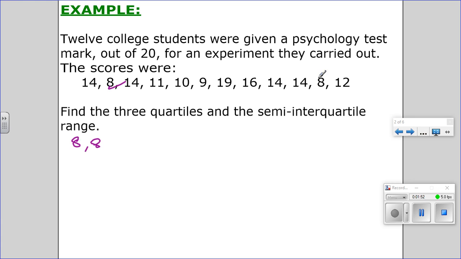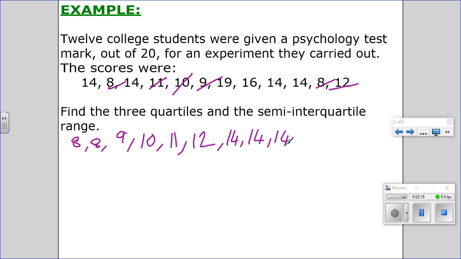Then I've got 9, 10, 11, 12, 4 14s, so 1, 2, 3, 4, 16, and the 19. Okay, if I count up, there should be 12 there, so 2, 4, 6, 8, 10, 12, so I know that I've got all the numbers.